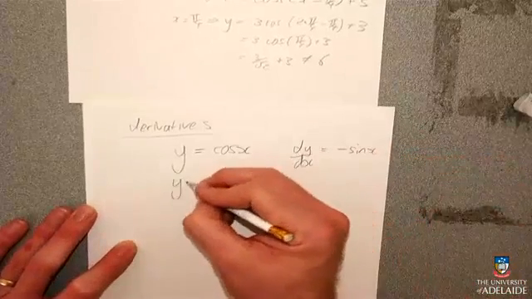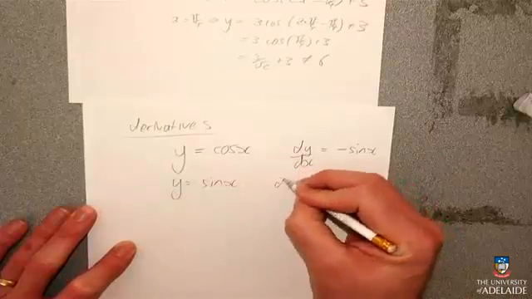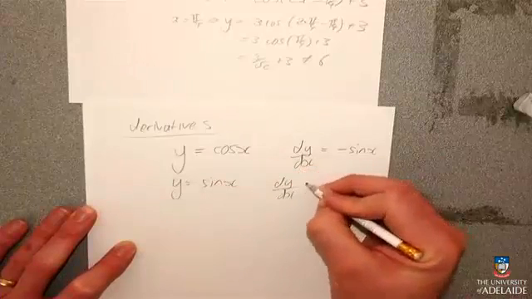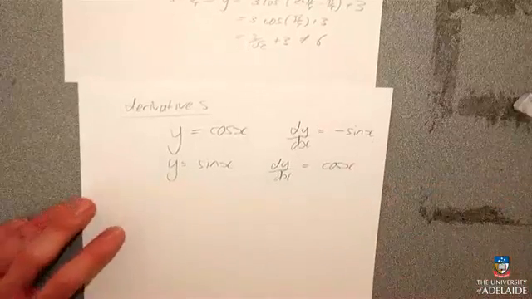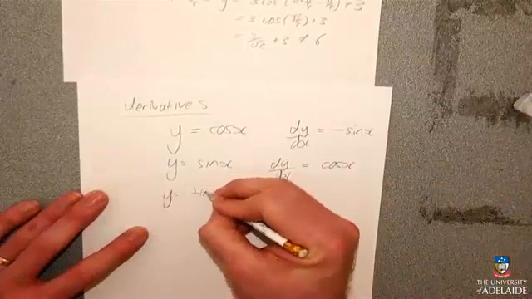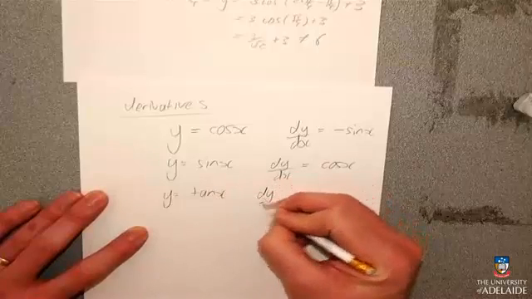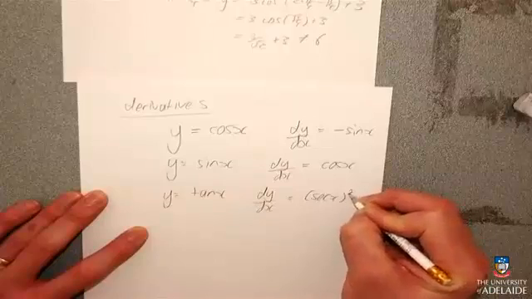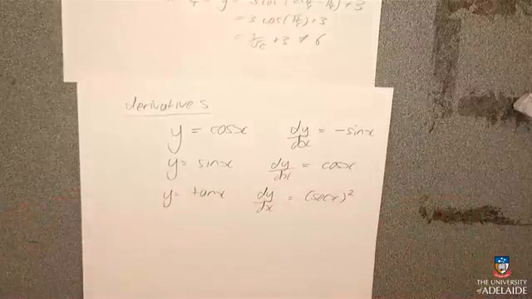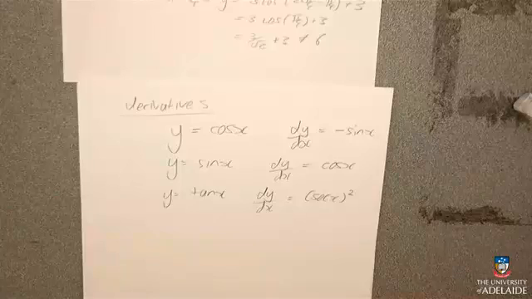And if y is equal to sine x, then dy on dx is cos x. And if y is equal to tan x, then dy on dx is sec x squared. Which is good. That makes sense.